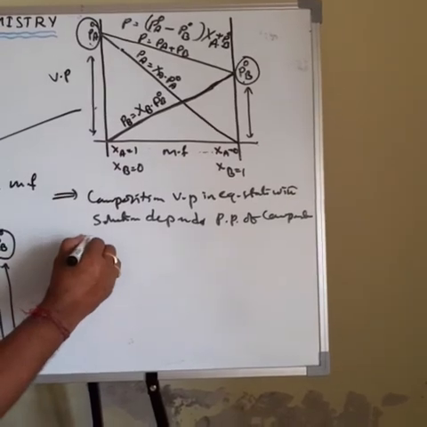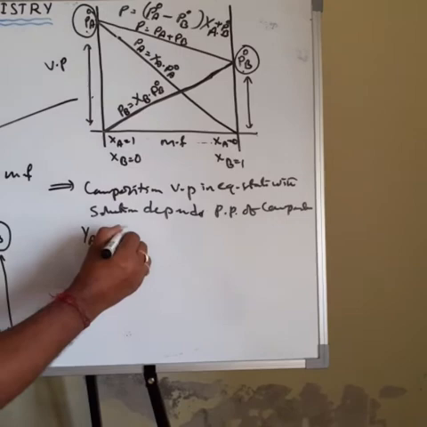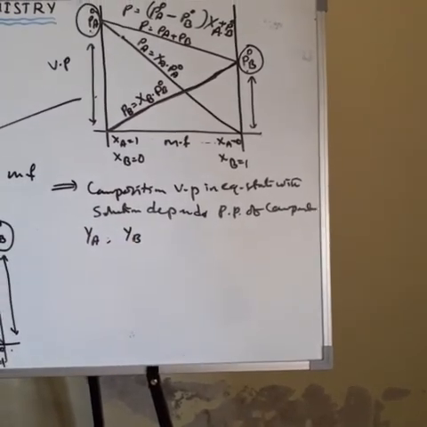That means here Xi A is the mole fraction of solute in the solution, while Ya is the mole fraction of solute in the vapor, and Yb is the mole fraction of solvent.